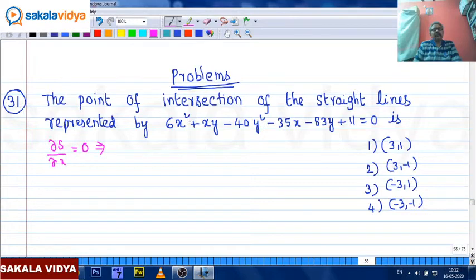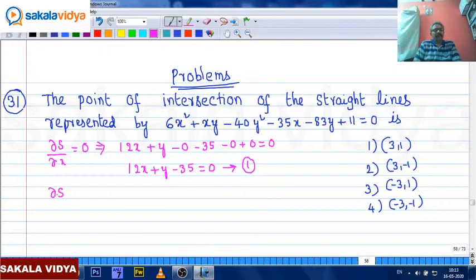Partial differentiation, this will be 12x plus y minus 35 equals 0. Say equation 1.